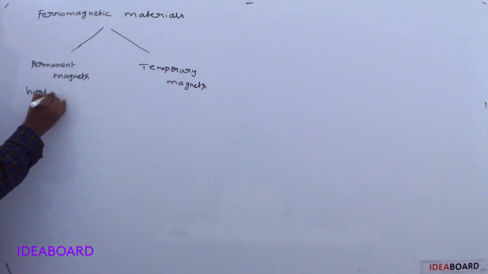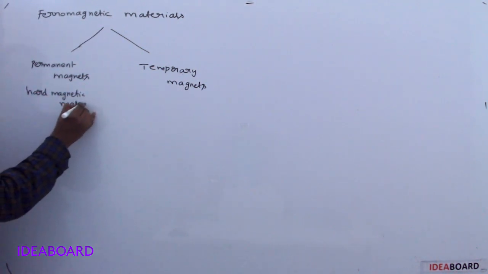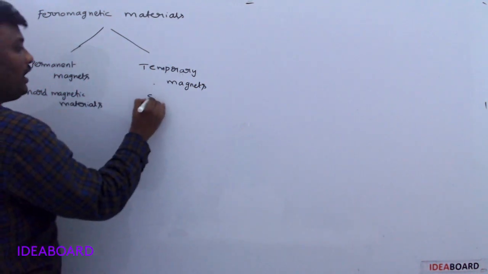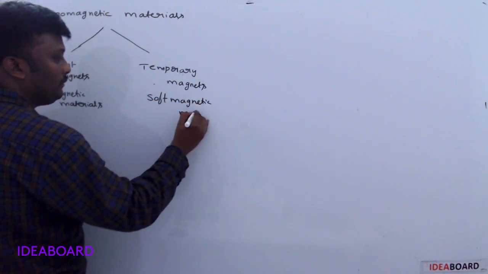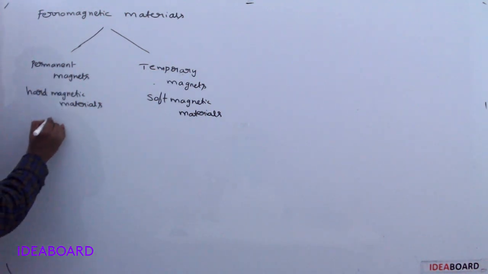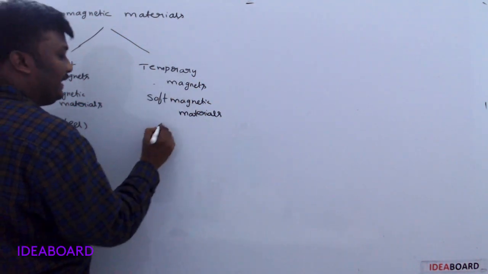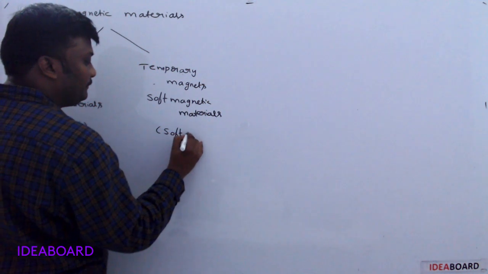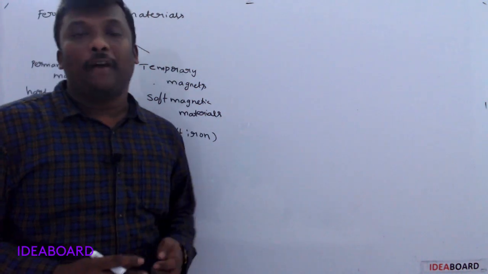Permanent magnets are also called hard magnetic materials, and temporary magnets are called soft magnetic materials. The best example for a permanent magnet is steel, and for a temporary magnet is soft iron. Permanent magnet is steel and temporary magnet is soft iron.